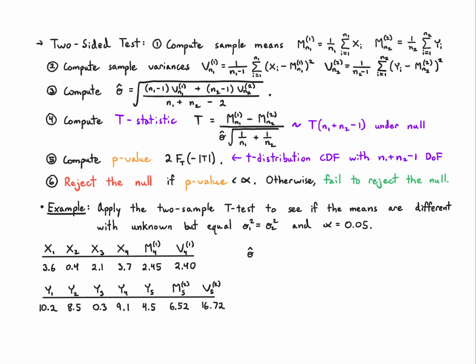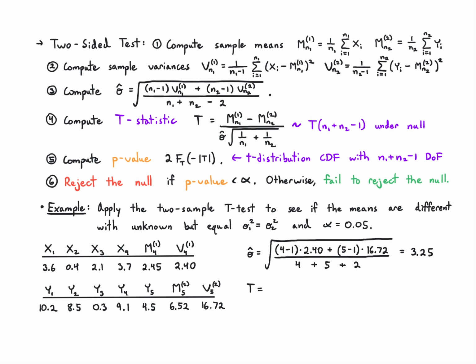I can now put these two things together. So I'm going to get my sigma hat here. I get n1 minus 1, so 4 minus 1 times the sample variance, plus 5 minus 1 times the sample variance for the second data set, divided by n1 plus n2 minus 2, so 4 plus 5 minus 2. This works out to be 3.25.